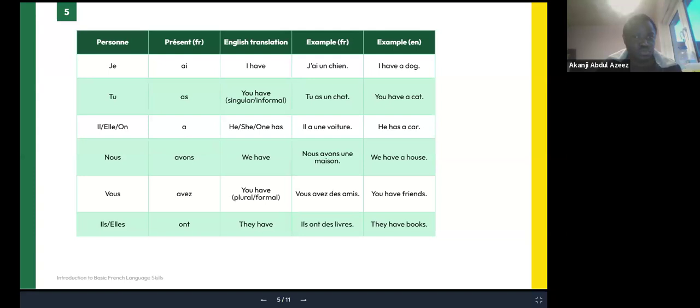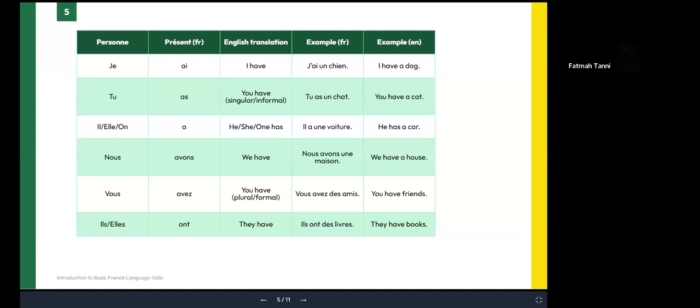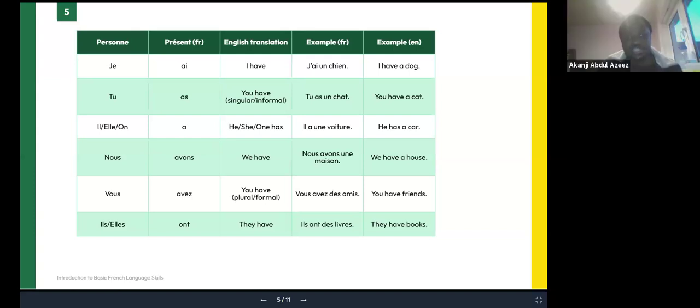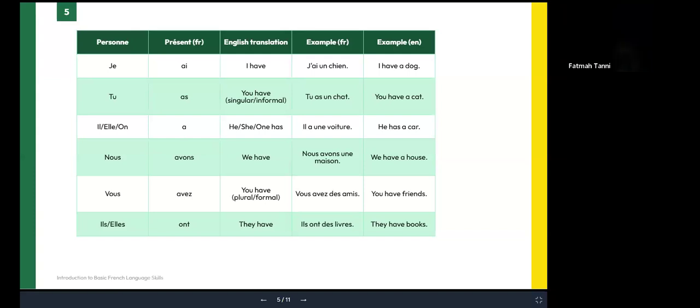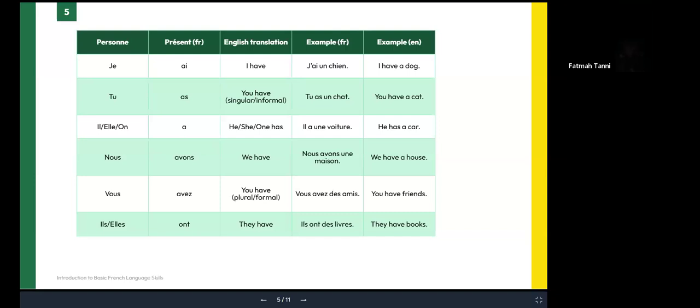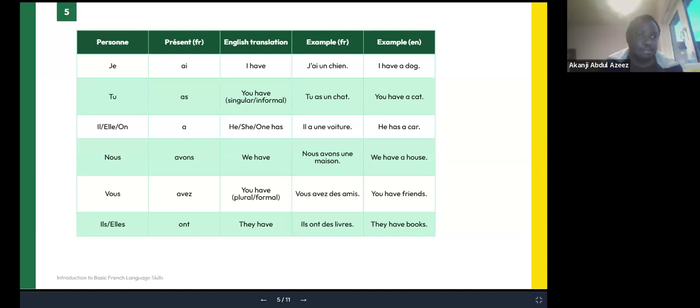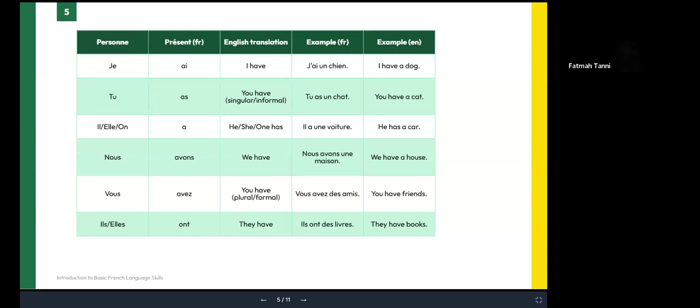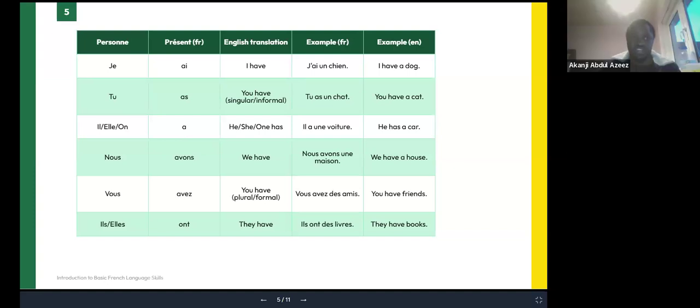Not a textbook, but a notebook in this context. Cahier. Tu as un cahier. What about textbook? You have a textbook? Tu as un livre.